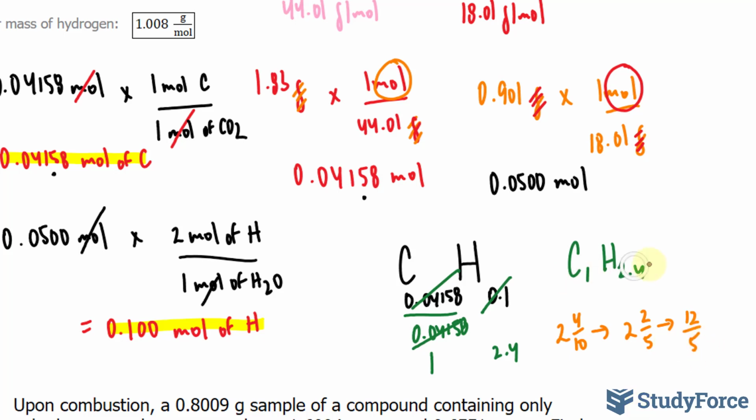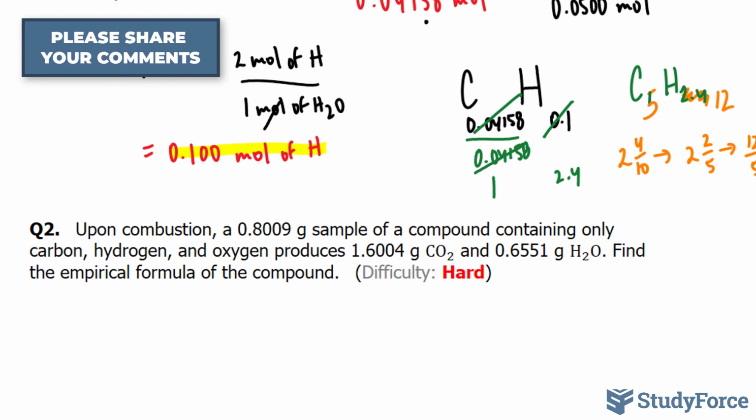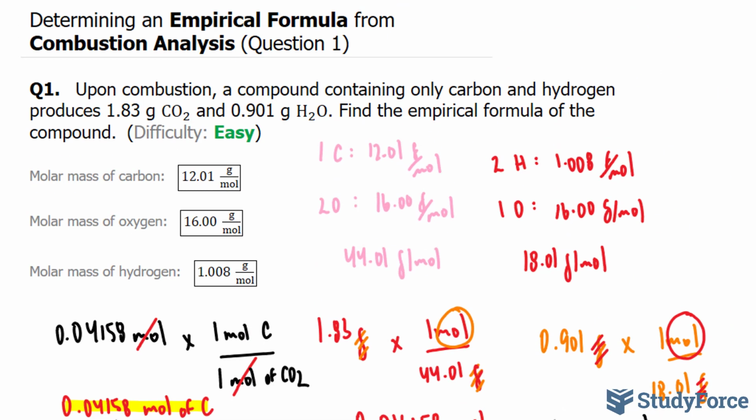So you multiply both the 1 and 2.4 by 5, and you should get whole numbers. Multiplying this by 5 gives me 5, and multiplying this by 5 gives me 12. So our chemical compound, our fuel here, is C5H12. Now, if you would like to see the answer to question number 2, make sure to watch question 2 of this series, and that is how to determine an empirical formula from combustion analysis.